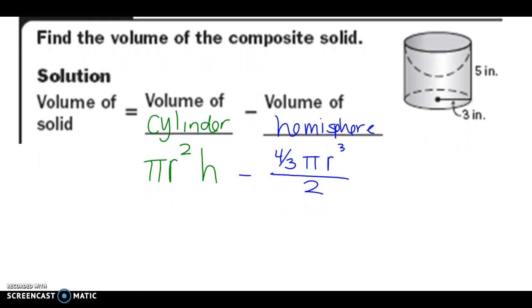Let's fill in what we know. We've got pi. What's the radius of the cylinder? 3, and what's that squared? 9. Then our height of the cylinder.